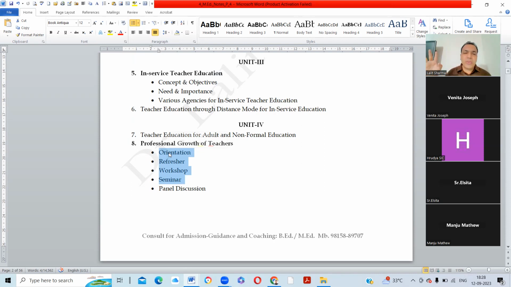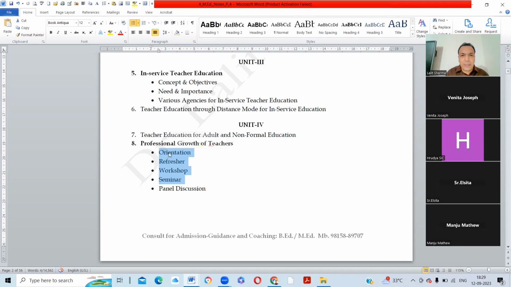So wherever you are teaching, in private schools or any other schools, guys, I recommend that you attend at least an orientation program, refresher courses, workshops, seminars, or conferences. Only then can you say that you are a teacher, because a teacher is not a teacher if he is not a learner first. Suppose you did the B.Ed or M.Ed 10 years back, and in the last 10 years you didn't attend any conference, workshop, or refresher course.